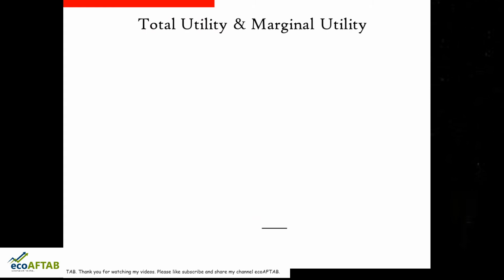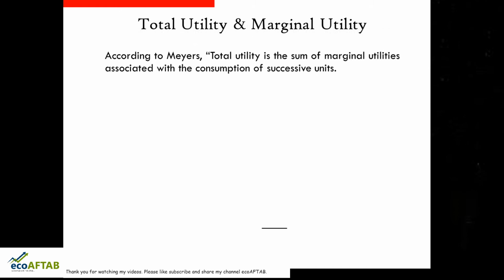So here we are having total utility and marginal utility. We understood what is total utility and what is marginal utility. So according to Marshall, total utility is the sum of marginal utilities. What is he trying to tell? Total utility is equal to the sum of marginal utilities.